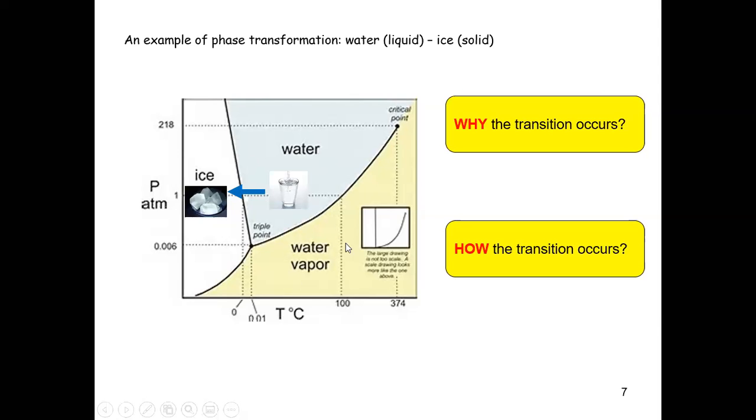In thermodynamics and other applications like chemical engineering, the vapor or the gas phase is very important. But in materials science and engineering, we are mainly interested in the water or the liquid phase and the solid phase, because those are the two states that materials engineers deal with most of the time. We deal with solid materials, and sometimes we melt them down to process the material in the liquid form, but we rarely deal with vapor.